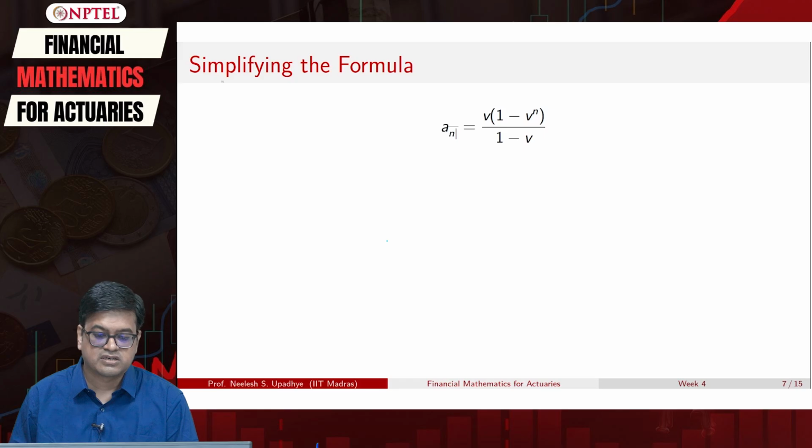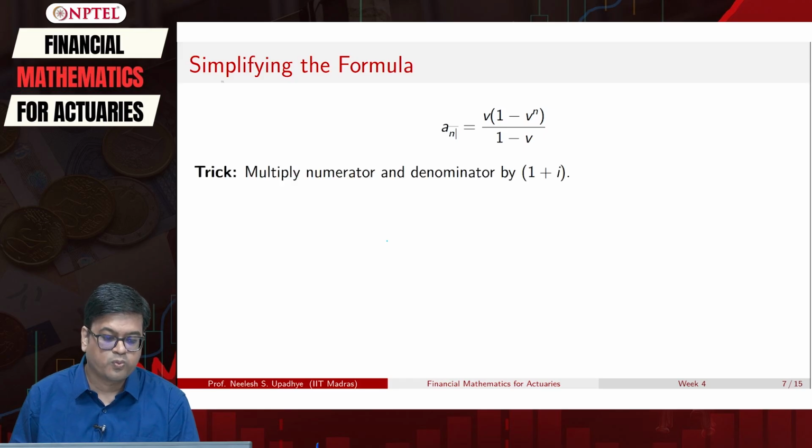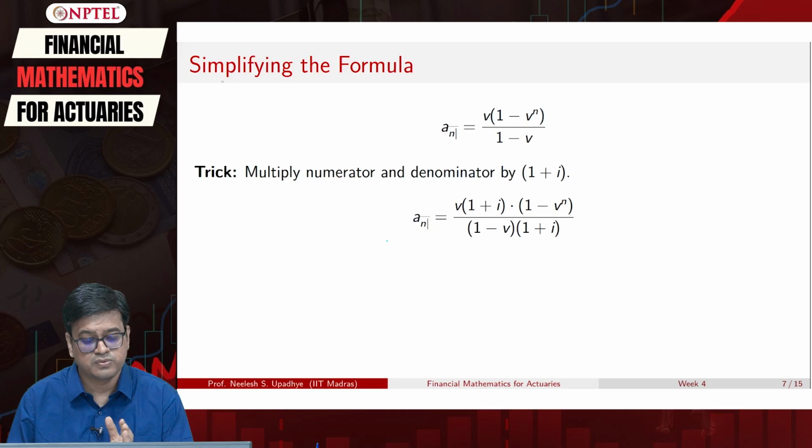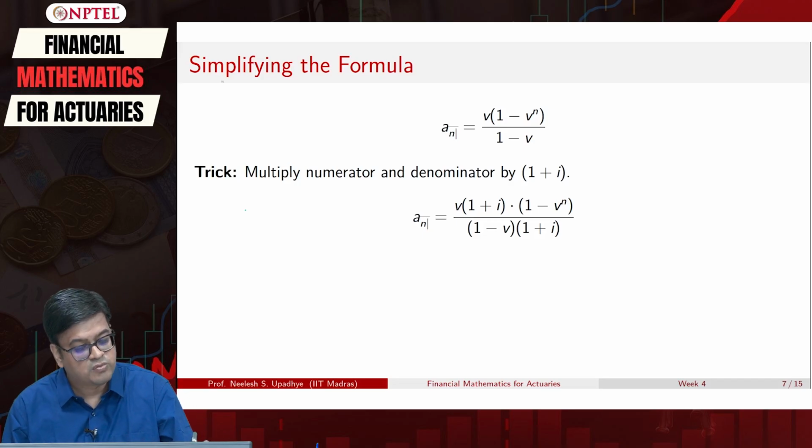So, let us bring in that interest rate i and simplify this formula. The first trick is to multiply by 1 plus i in the numerator and denominator. What you get is a_n equal to V into (1 plus i) into (1 minus V raised to n) upon (1 minus V into (1 plus i)). However, if you recollect, what is my V?